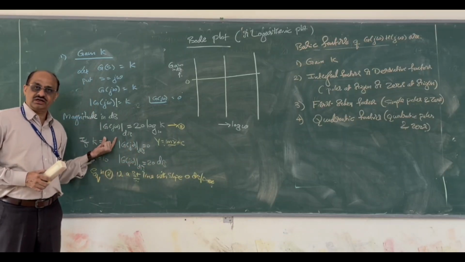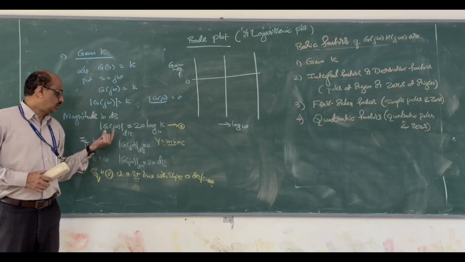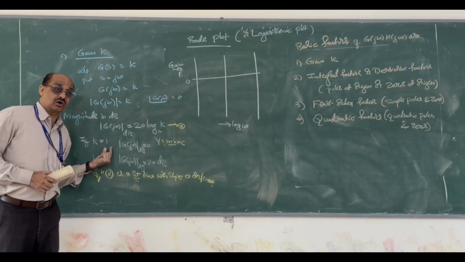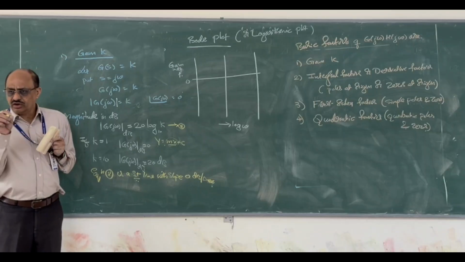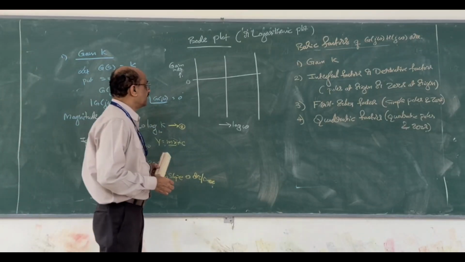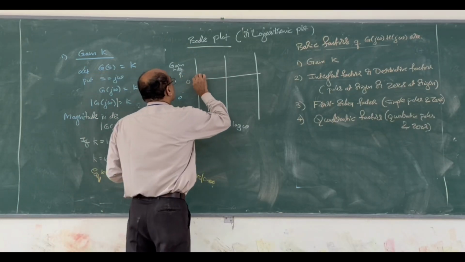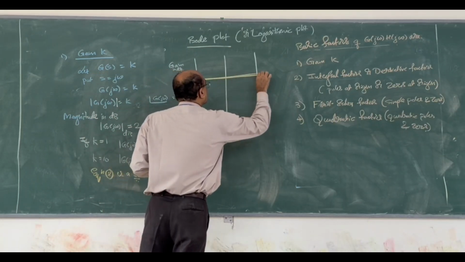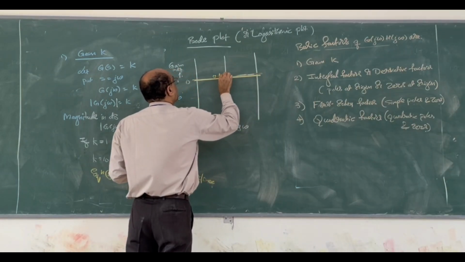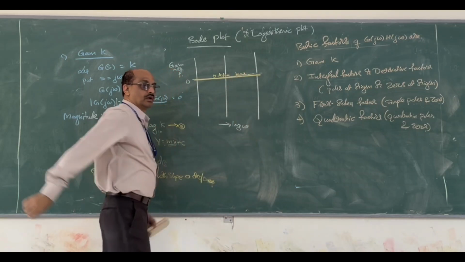If I differentiate with log omega, d of G of j omega by d log omega, log omega you can take as x, so you will get 0. 0 dB means it's horizontal. So the line will be a horizontal line, 0 dB per decade, for k equal to 1.